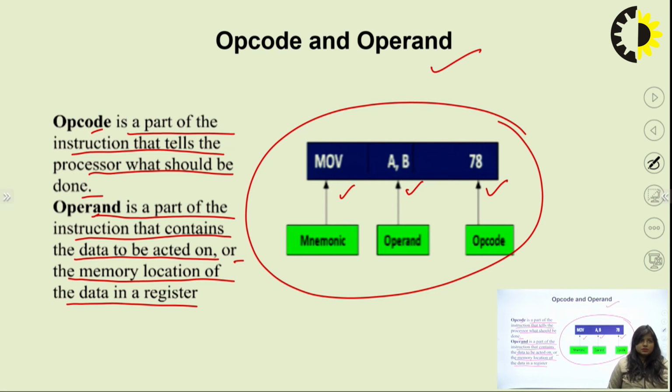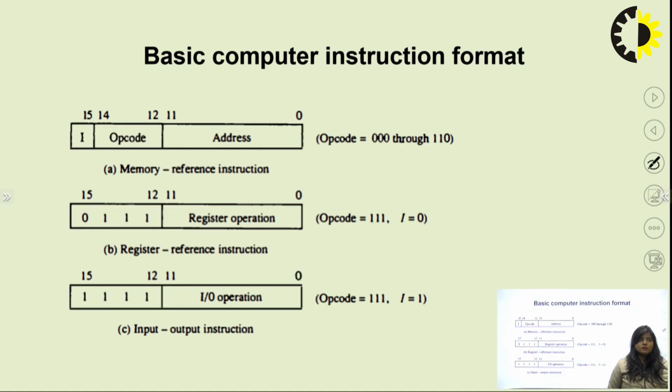Okay, so next we are going to learn about the basic computer instruction format. Here on the screen you can see that there are three types of instruction format. The first one is memory reference instruction, another one is register reference instruction, and the third one is input output instruction.